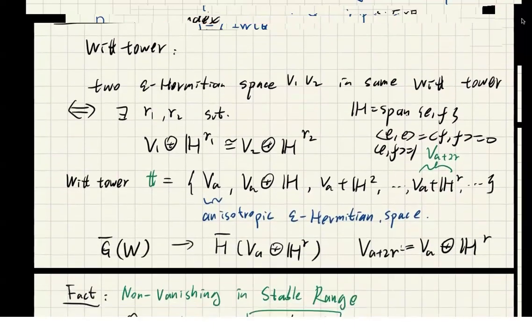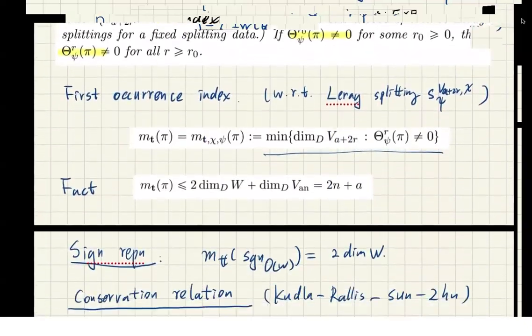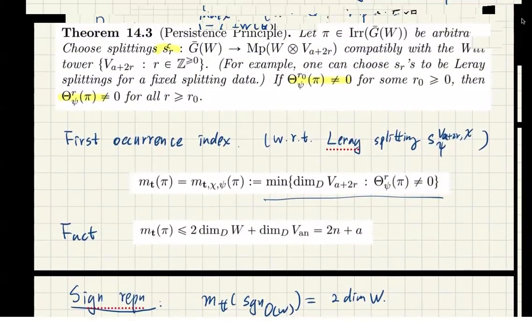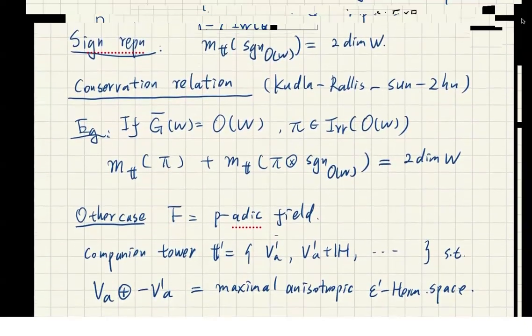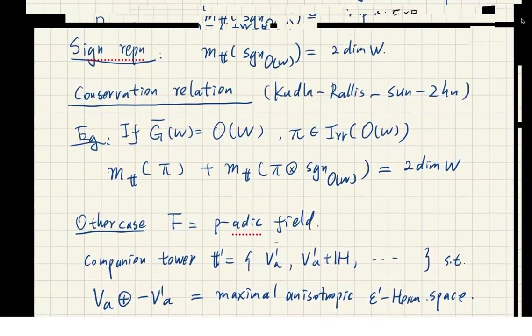I have mentioned that the typical example, one of the most important cases, is that you consider the orthogonal-symplectic dual pair, and you consider an irreducible representation of the orthogonal group.